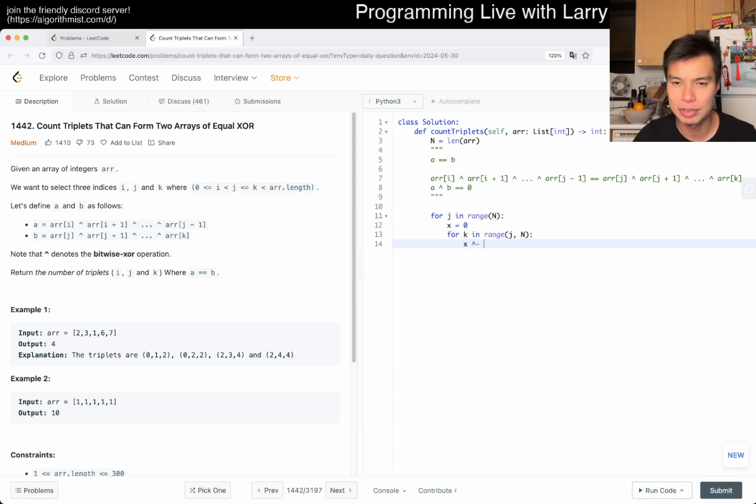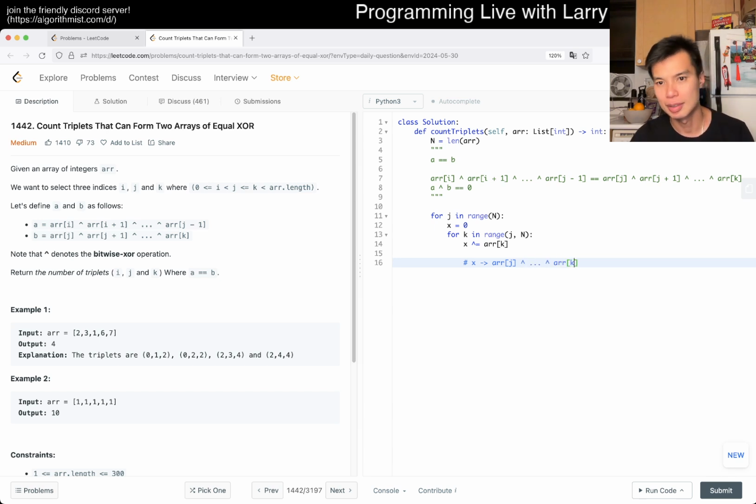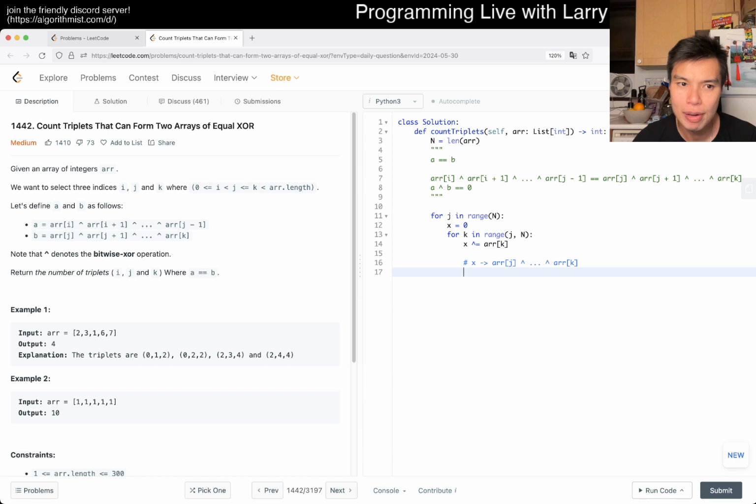We XOR it with the array at K. Then this means that X is equal to the XOR from J to K, right? And then all we have to do is figure out how many I's there are, and how does that even work?